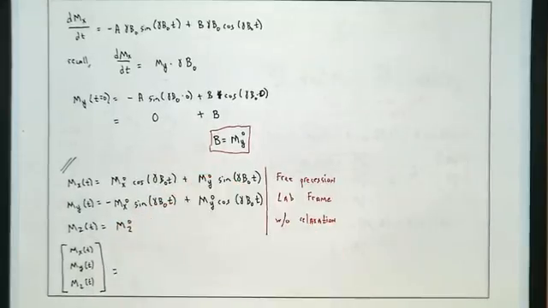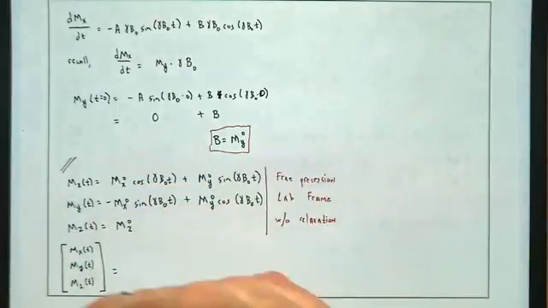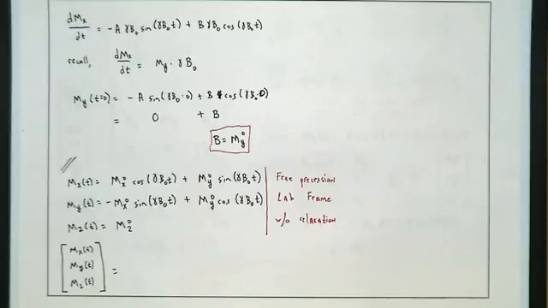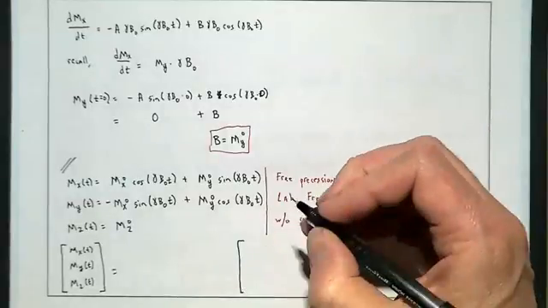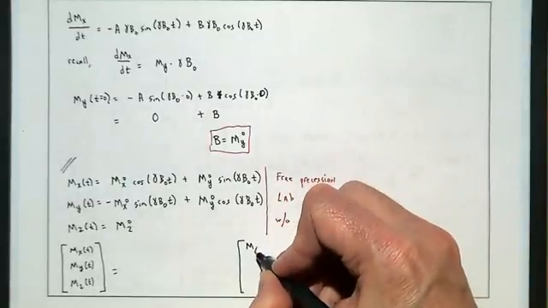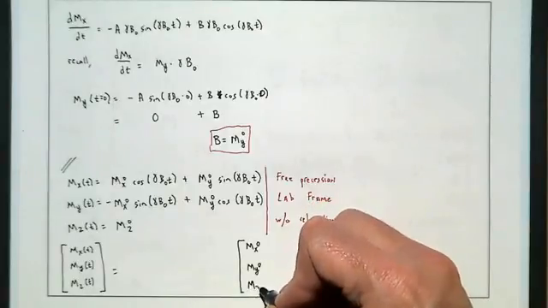Now what I want to do is form a matrix multiplication that ultimately gives me the same system of equations, but is formed by a matrix operating on a vector. The vector that I want to operate on is just my initial condition vector: mx0, my0, and mz0.